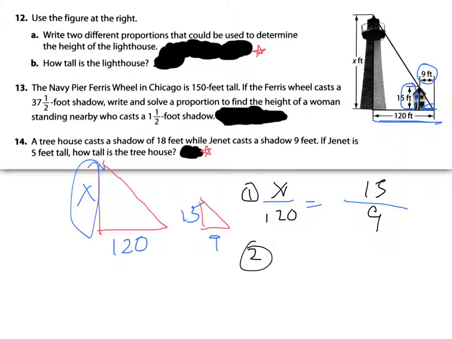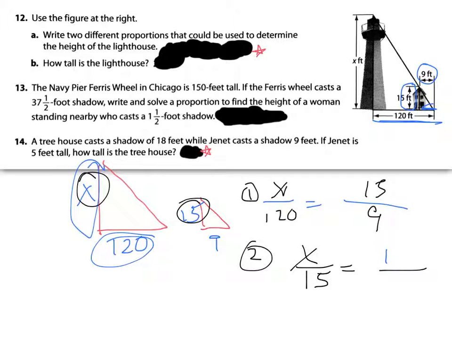Second one, I'll do height is to height as base is to base. So x is to height 15 as base 120 is to base 9. Both of those are the same proportion. Once you solve it, you get the exact same answer. They both represent the same thing.